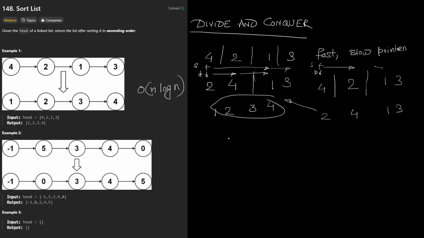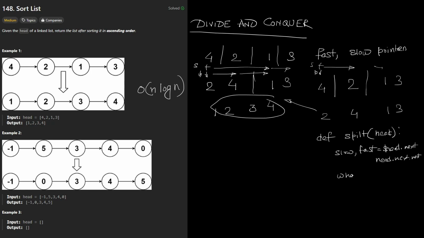So that's the idea. Now, to understand how the slow and this split is working, here I can say def split, and I can pass in the head, and here I can say slow and fast. So slow would be head dot next, and fast would be head dot next dot next.